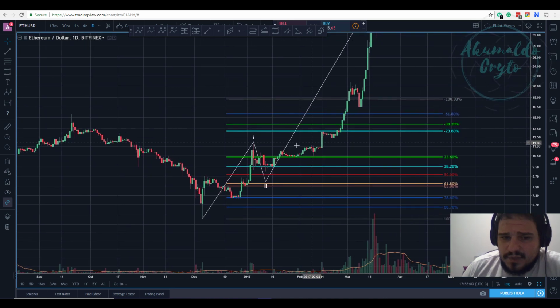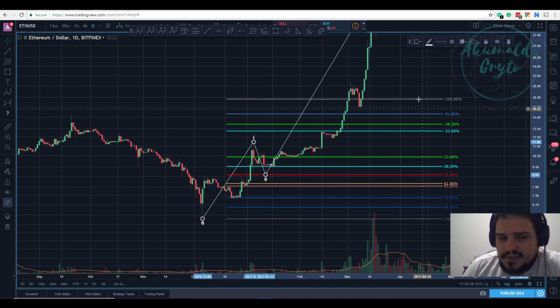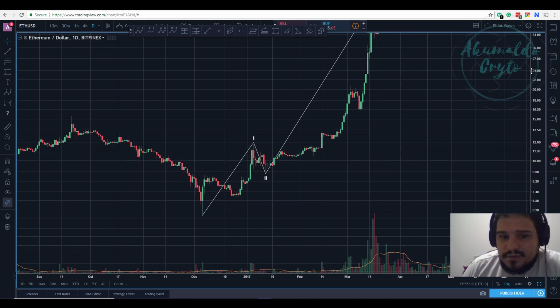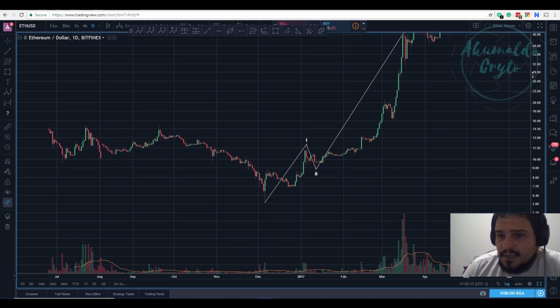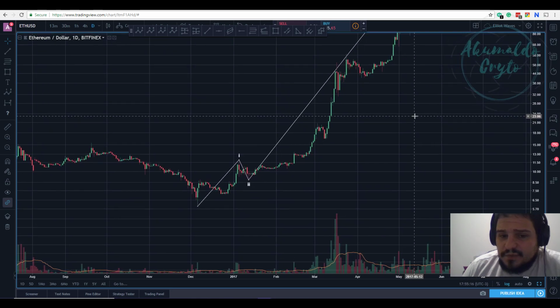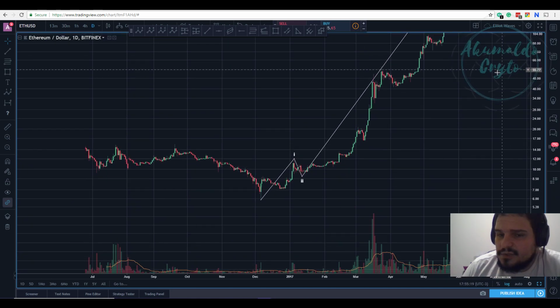Wave 2 can be shorter, can correct just a little bit. So in this case it has corrected almost nothing. Okay, almost just 23%. It was a really fast and sharp correction.